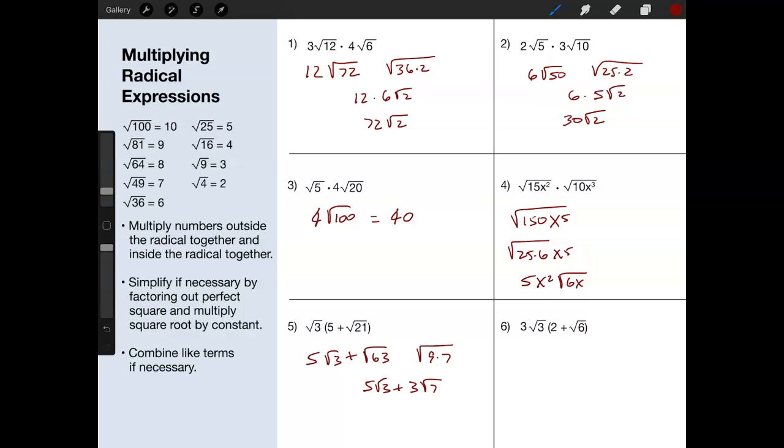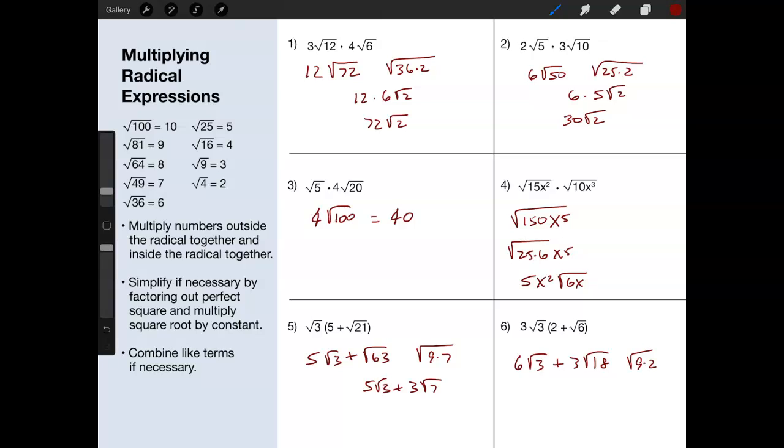For example number 6, we have 3 square root of 3 multiplied by 2 plus the square root of 6. 3 times 2 is 6. The square root of 3 remains the same. Plus 3 times the square root of 18, which is 6 times 3. Now the square root of 18 can be simplified.